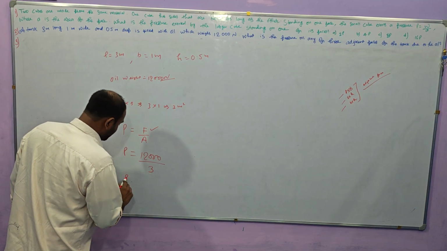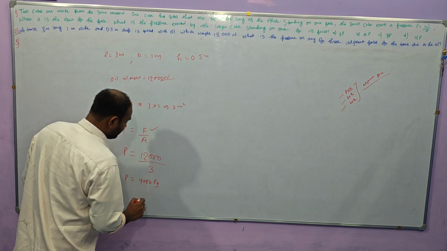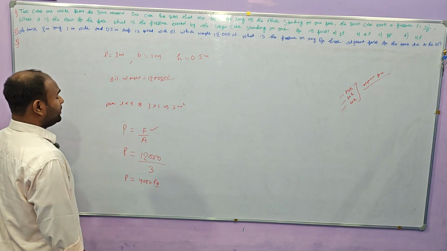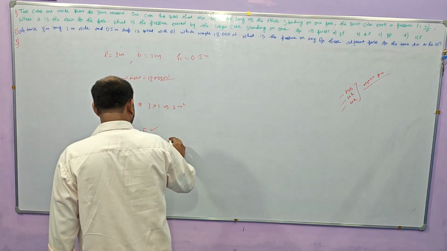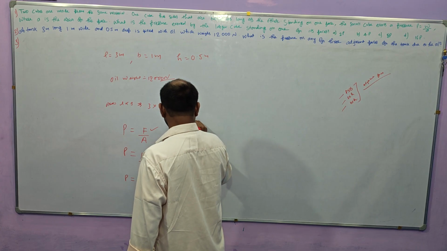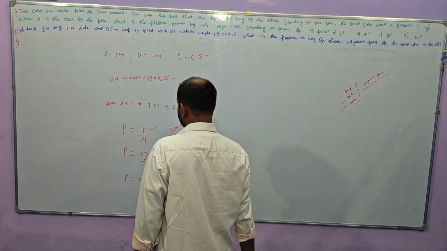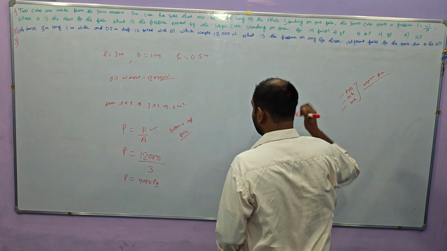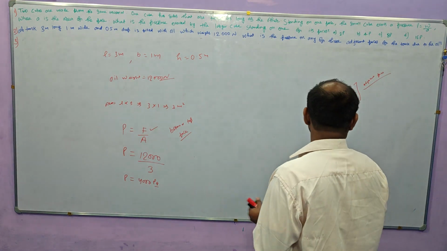That becomes P is equal to 4,000 Pascal, for bottom and top face. It is for bottom or top face, for L into B.